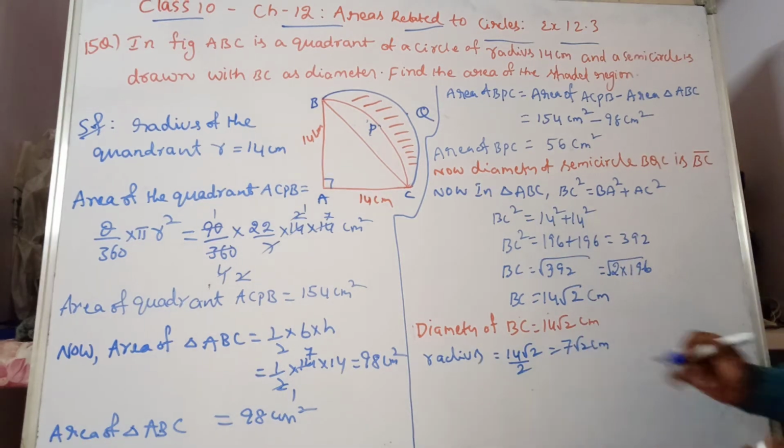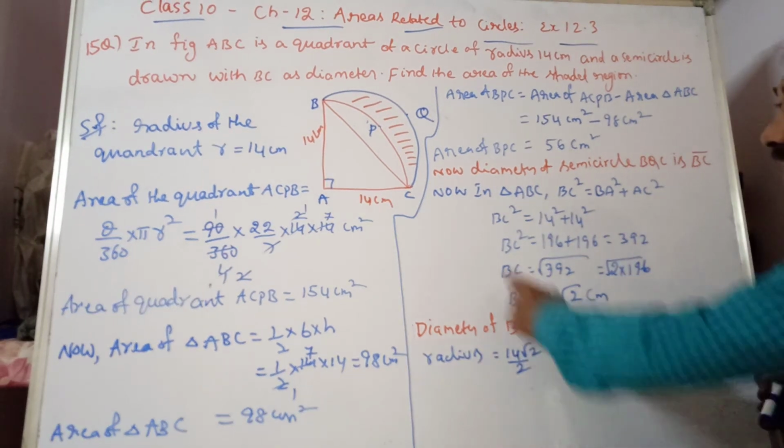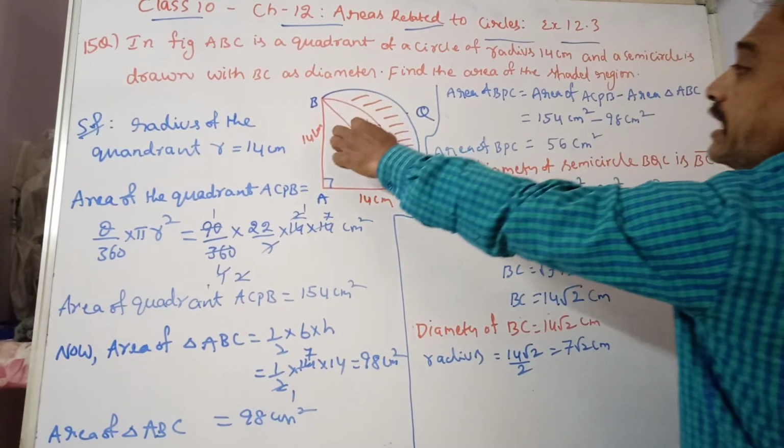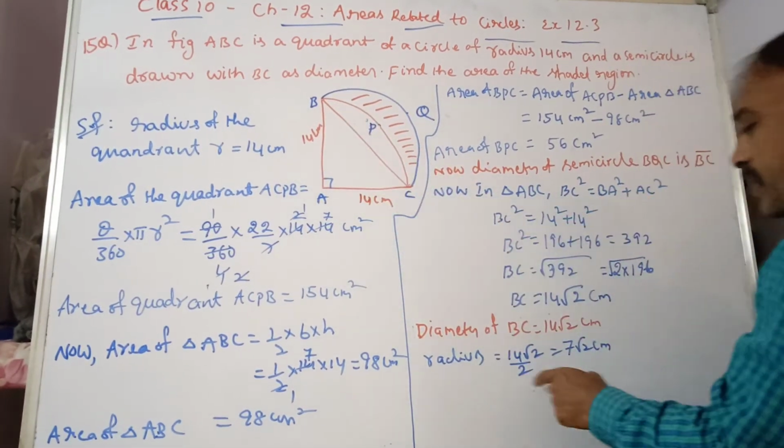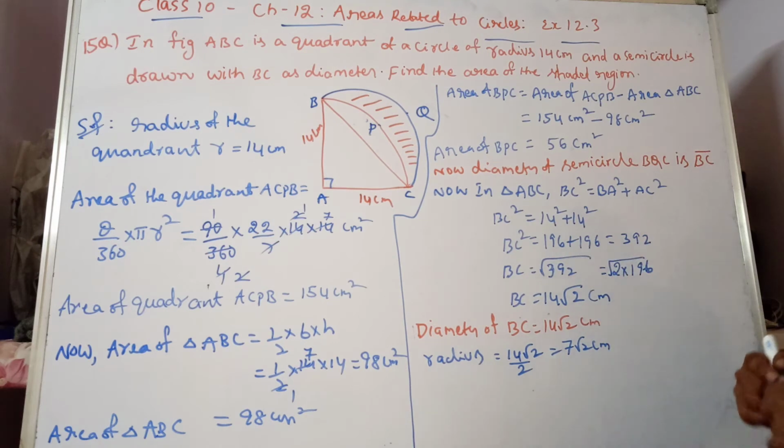Now, we got the radius of the semicircle as 7 root 2 centimeter. Here BC is the diameter, and we got the radius. Find out the area of the semicircle.